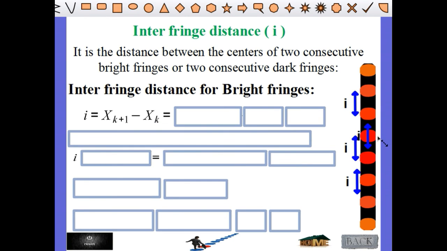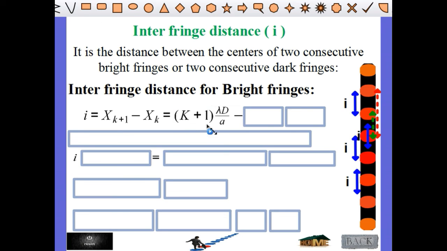The distance from the central bright fringe O is x(k+1) minus the distance from O to this one, xk. I mean x2 minus x1 or x3 minus x2. The distance between the centers of two consecutive bright fringes is x(k+1) minus xk.